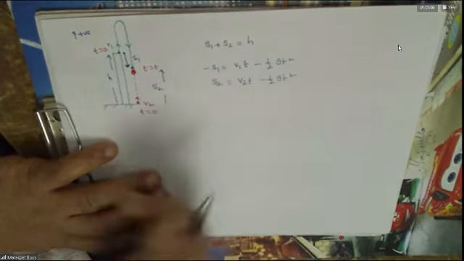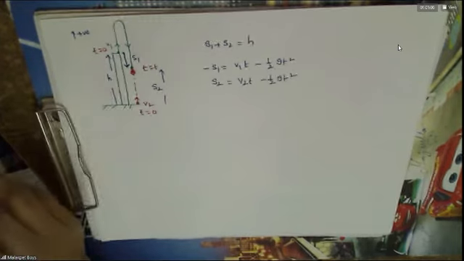Do you agree with this? Yes, sir. Now from the diagram you can see that S1 plus S2 is nothing but H only. Do you agree with this? That means substitute this, minus of minus S1.